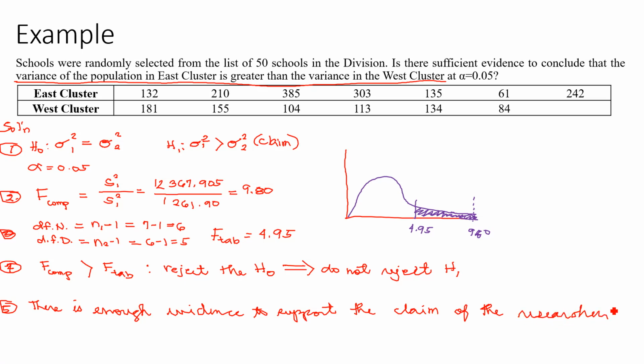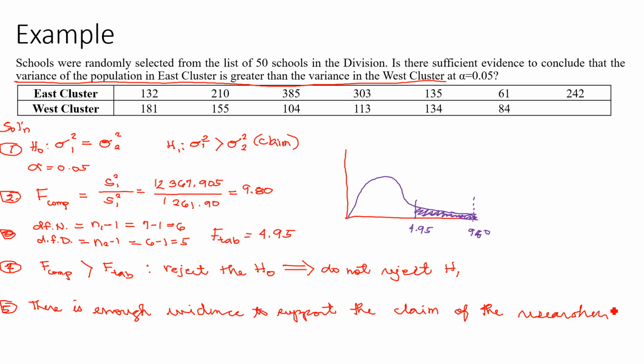Okay, so what is the claim of the researcher? The claim of the researcher is that the variance of the population in the East cluster is greater than the variance of the West cluster at alpha equals 0.05. Now, let's try to have that one in the MegaStat.